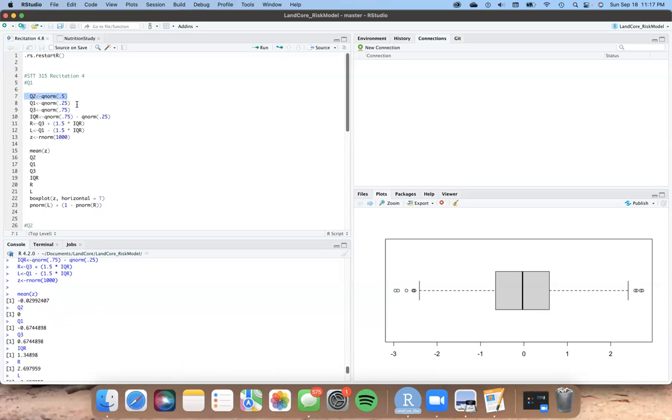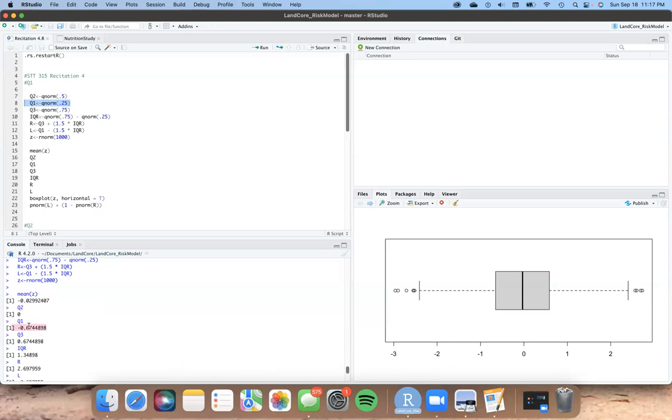And then Q1, quartile 1, also known as the lower quartile, you can do qnorm 0.25, and that'll give you negative 0.6744898.